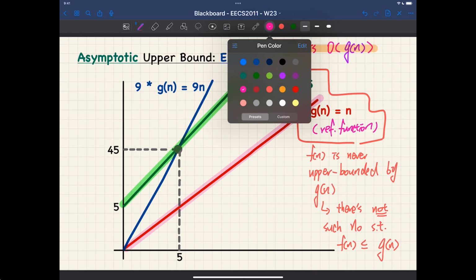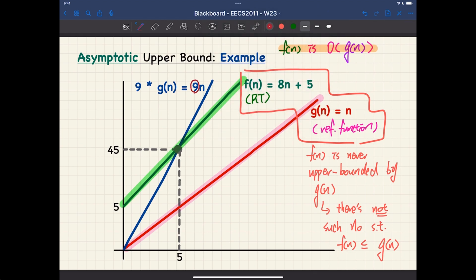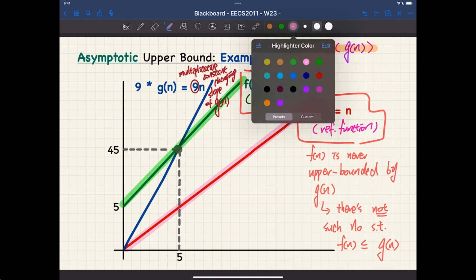So this 9 here is the multiplicative constant, changing the slope of g of n. So now the final function to look at is like this.